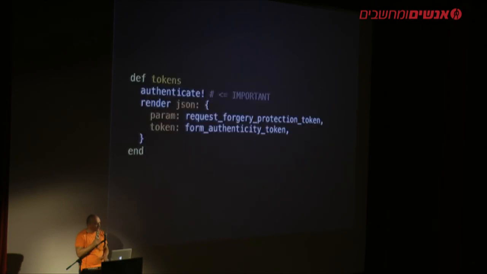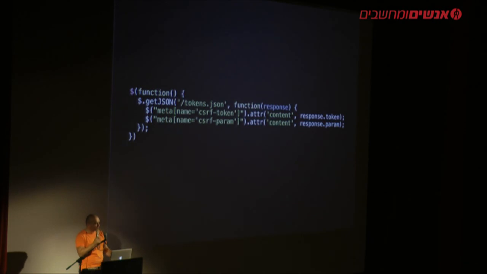What you can do is provide a tokens request that will just return JSON of the forgery protection params. It is really important to authenticate this request, because if you don't, it's not a good idea. And once you have this JSON request, you can use this simple JavaScript to reset the values inside of the page from the response of this JSON request, and it will start working again.